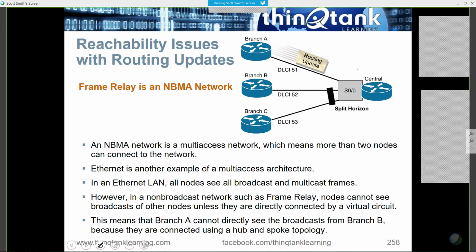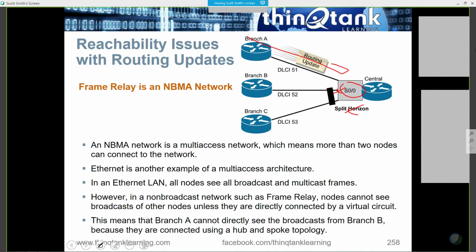So you do not have split horizon issues with OSPF. But with RIP and EIGRP, you have split horizon issues. Split horizon means if I receive a routing update on an interface, I'm not going to send that update out the other interfaces or the other PVCs because they're tied to the same physical interface.